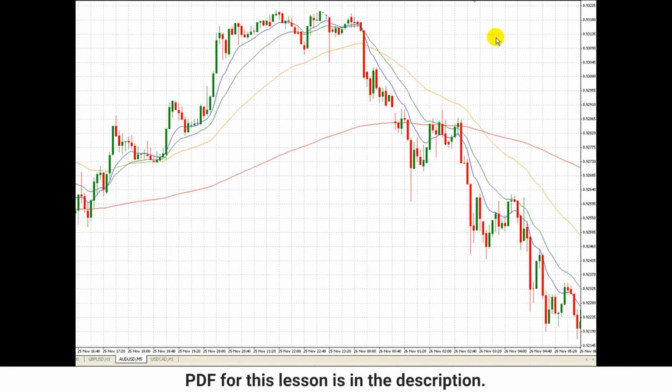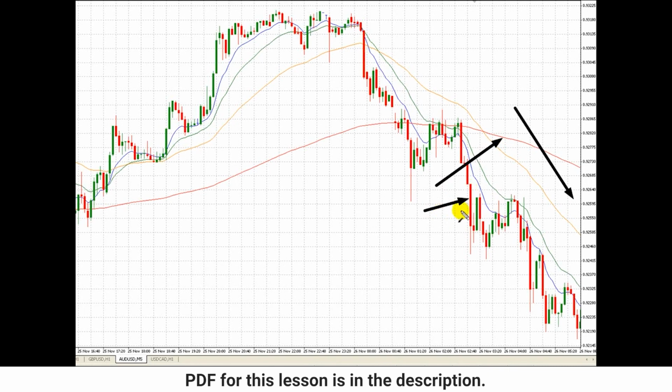So here we've got the Australian dollar against the US dollar on the 5-minute time frame. So here we see that the 50 EMA is crossing over the 200 EMA at this point right here. And once that happens, we can see that price is starting to trend down. We have price itself below the red 200 EMA.